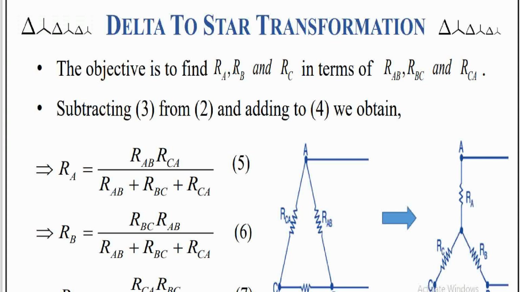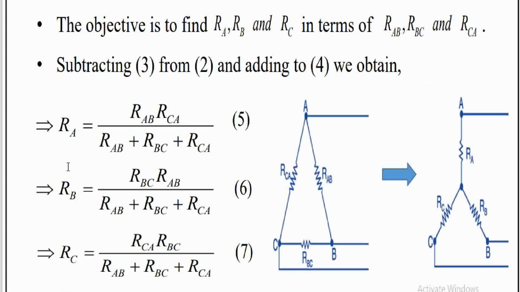In delta to star transformation, our objective is to find RA, RB, RC. Already we have seen in the previous videos how to find this RA, RB and RC. So before proceeding to the star to delta transformation, let's have a look at equations 5, 6, 7. If you look at the fifth equation, you have common terms.